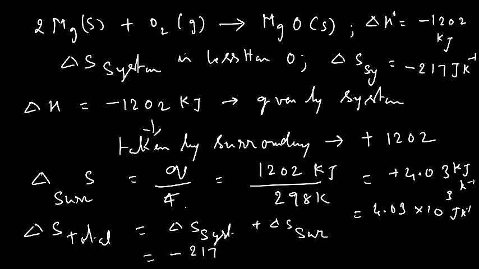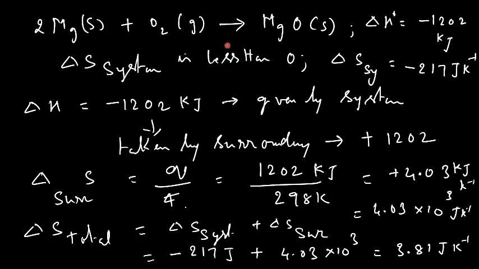Minus 217 joule, plus 4.03 into 10 to the power 3. Ultimately, we get the final value of 3.81 joule K minus 1. Therefore, here the delta S total becomes positive. As delta S total is positive, this process is spontaneous.